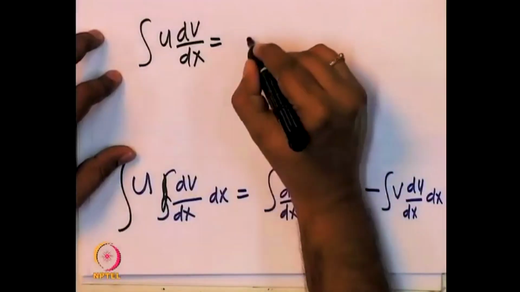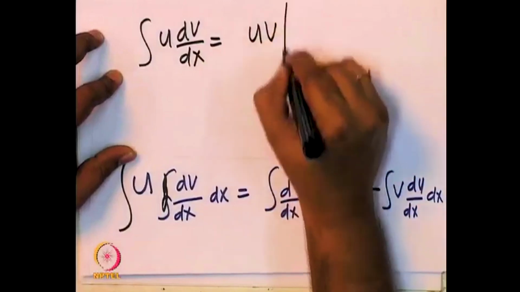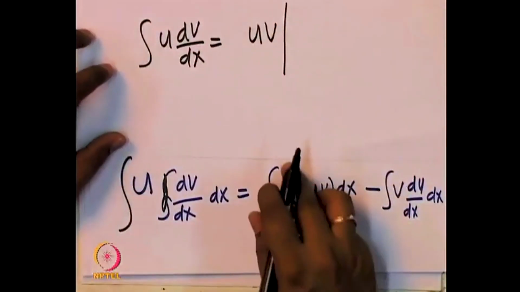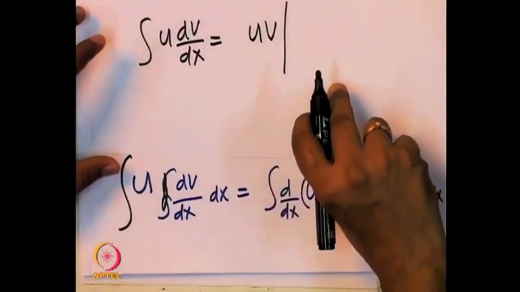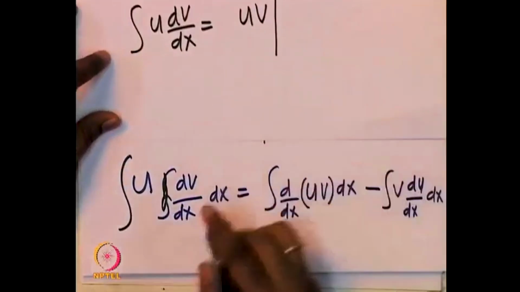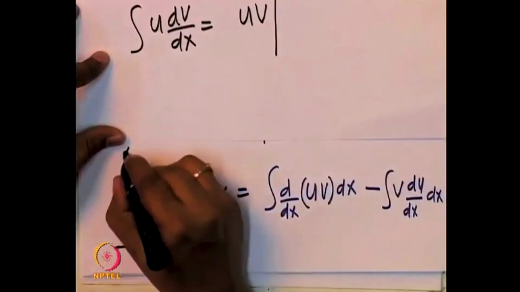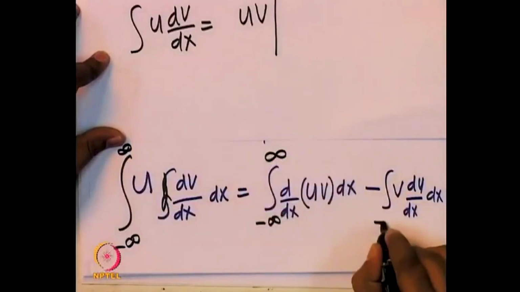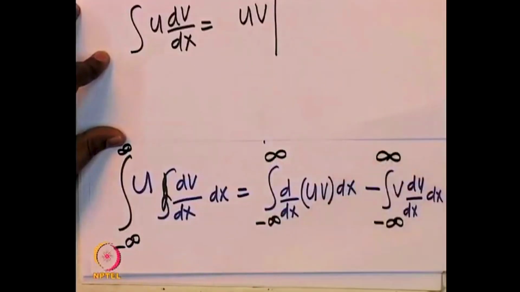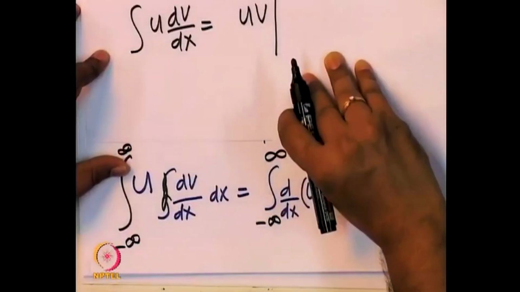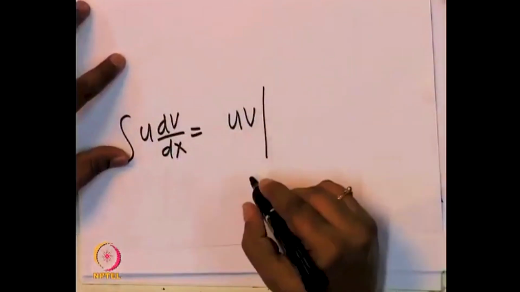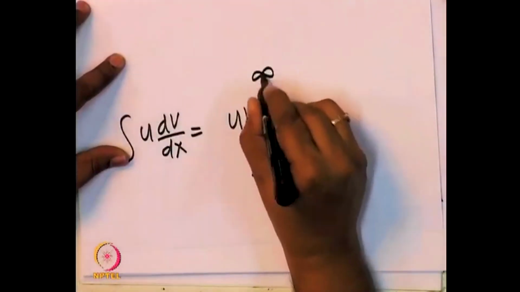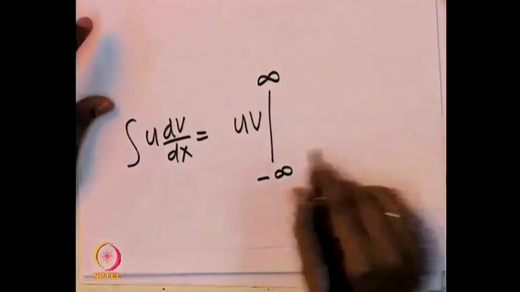So, this is essentially the u v in the limits. So, if you have this integral from minus infinity to infinity, what you would have is in the limits minus infinity to infinity. Think about this. This is what you will get.